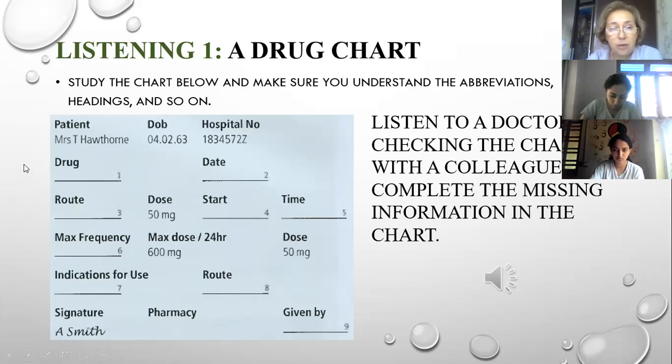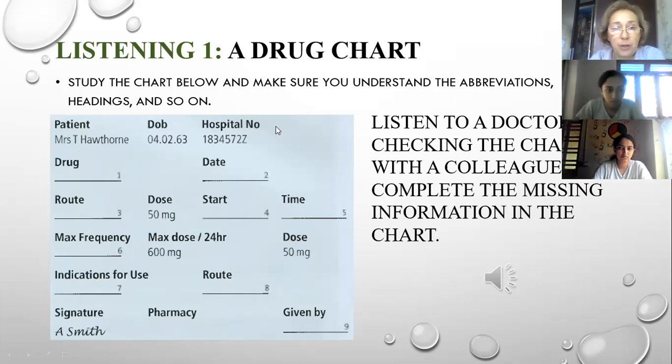First, let us just look through the chart. Here we have the heading patient. It means that we need to write the name of the patient. Here, this is Mrs. T. Hawthorne. What about DOB? What do these letters stand for? Date of birth. Okay.